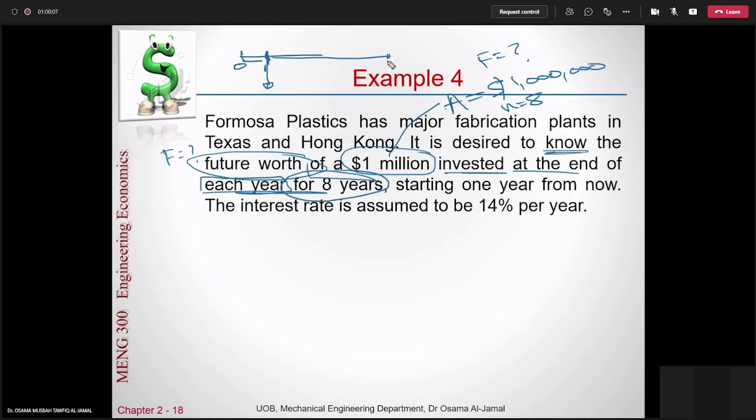The last one, in which year of that annuity? Ali Makki. Hello. Answer the question, please.